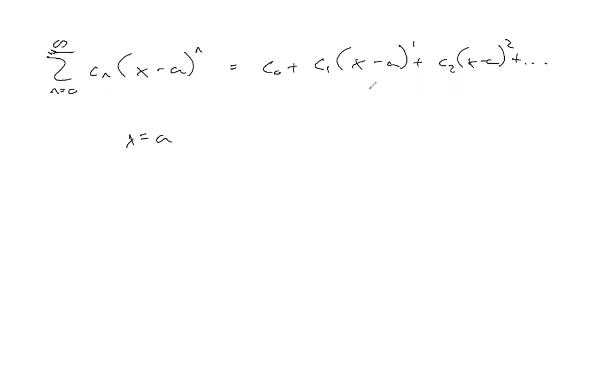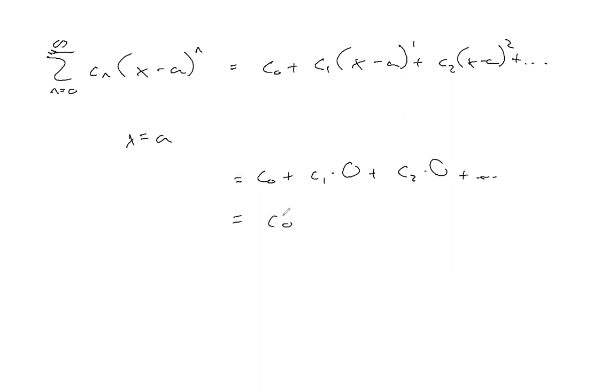Okay, well, let's see. This term, it would be a minus a, so 0. So I'd have C1 times 0, okay? And then this term would be 0, and all the other terms will be 0, right? So I would just end up with C0.